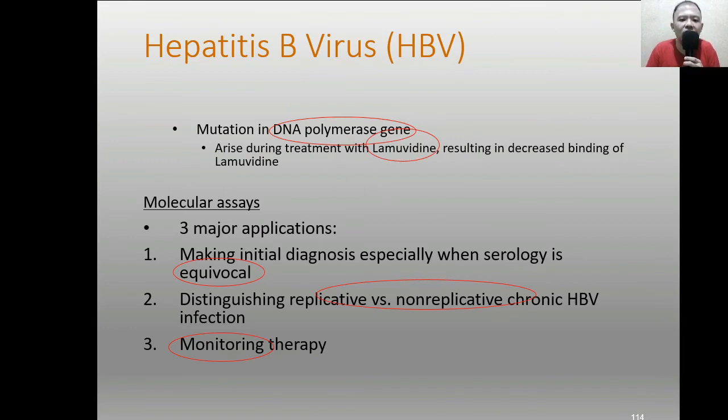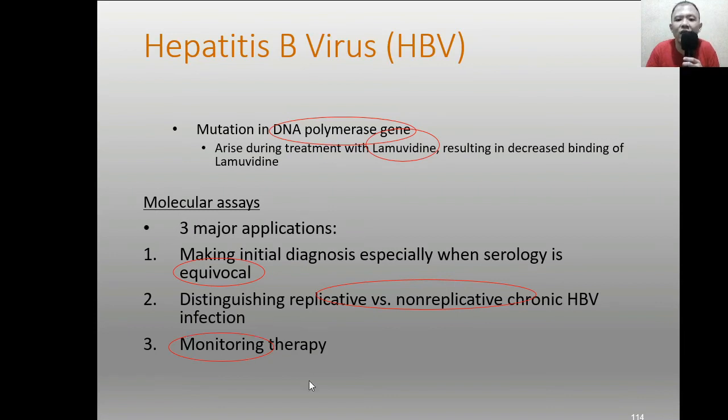Molecular assays are used if you're unsure of your viral marker serology, to distinguish between replicative and non-replicative, and for monitoring therapy. Molecular assay means that we are measuring the DNA.